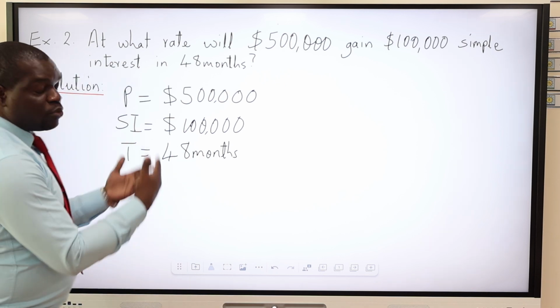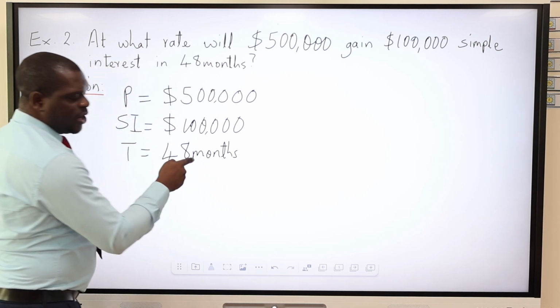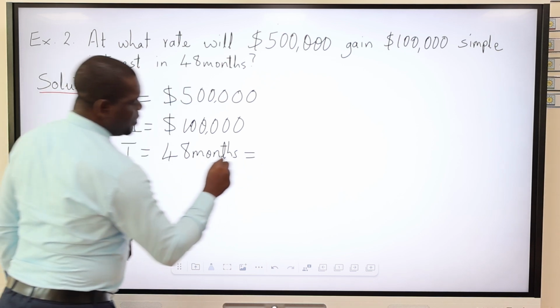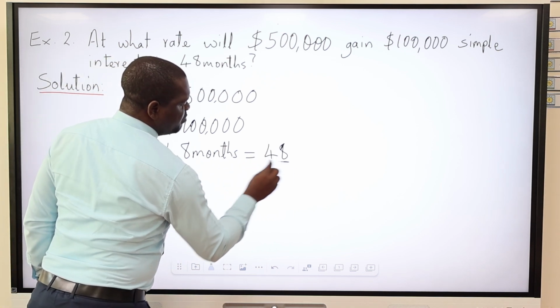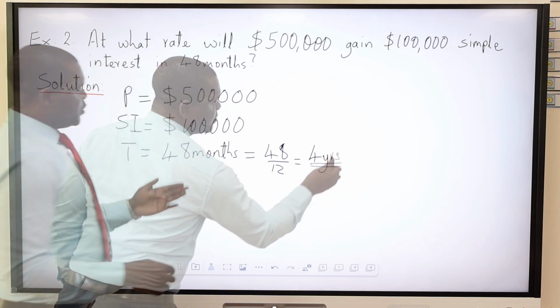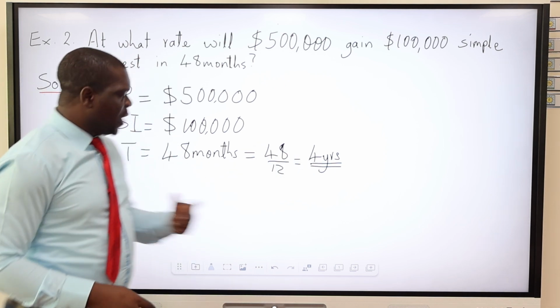To simplify things or make things easier for us, we can change this number of months to years. 48 months will be 48 divided by 12, which will give us 4 years. So the time here, instead of 48 months, we can leave it to be 4 years.